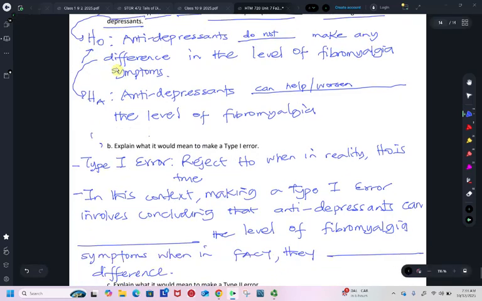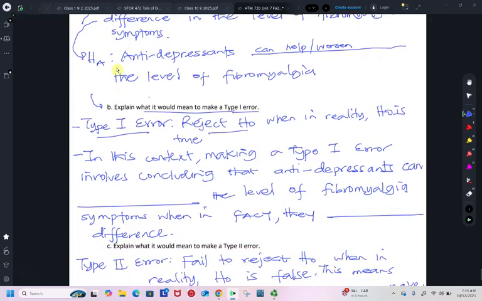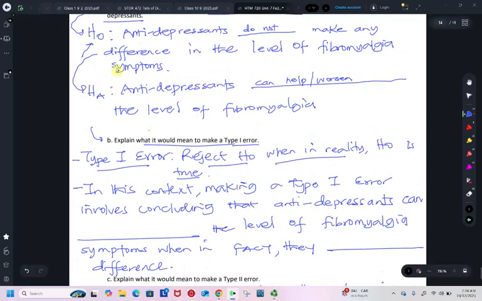Question B. Explain what it would mean to make a type 1 error. To make a type 1 error here would mean to reject the null hypothesis when in reality the null hypothesis is true. What is a null hypothesis? The null hypothesis says that antidepressants do not make any difference.